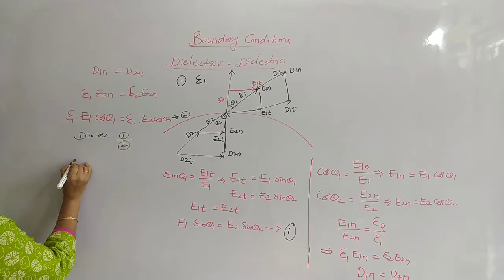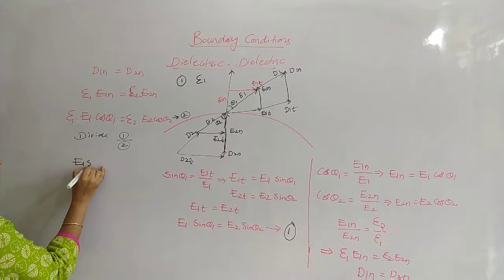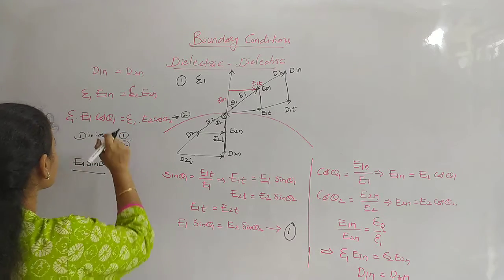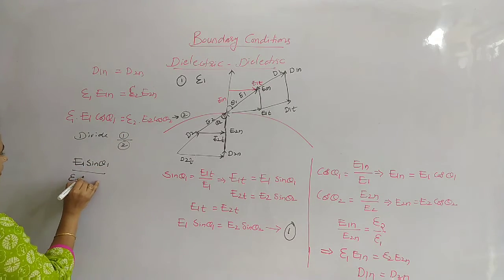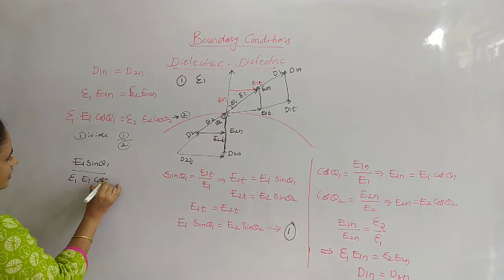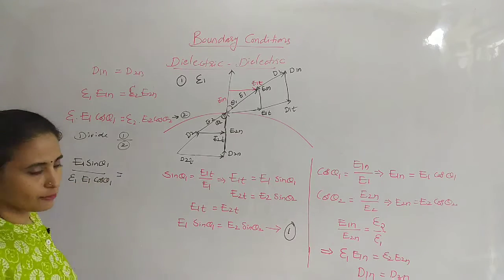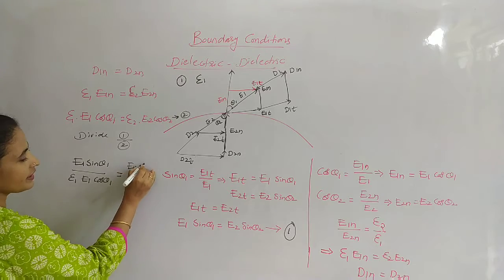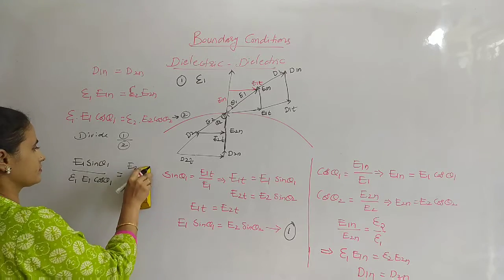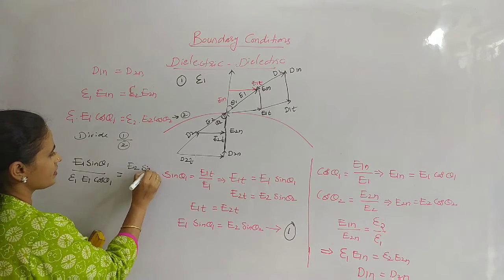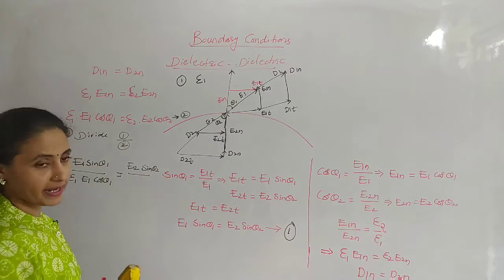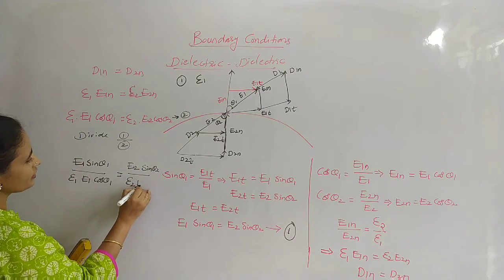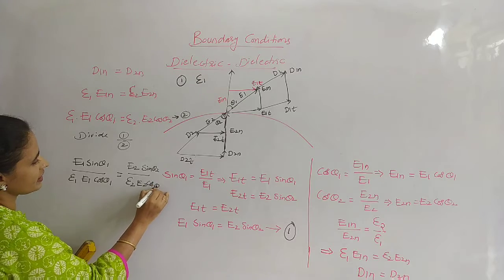So the LHS of equation 1 is E1 sin theta 1 divided by the LHS of equation 2, epsilon 1 E1 cos theta 1, which is equal to the RHS of equation 1, E2 sin theta 2, by the RHS of equation 2, epsilon 2 E2 cos theta 2.